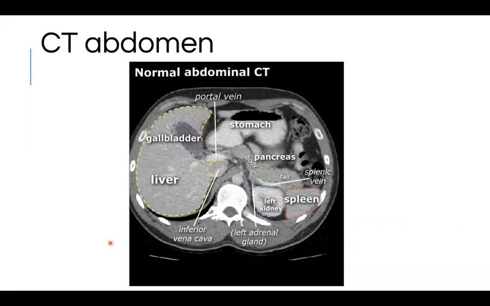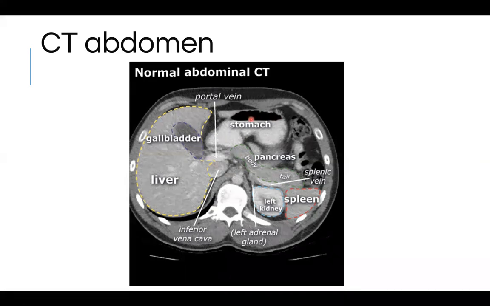So again, it's just important to familiarize yourself with your orientation, because with the orientation, you'll know where to expect the different organs. And then, so you can see the stomach here with an air fluid level, because obviously this person has probably eaten something, so there's air here.